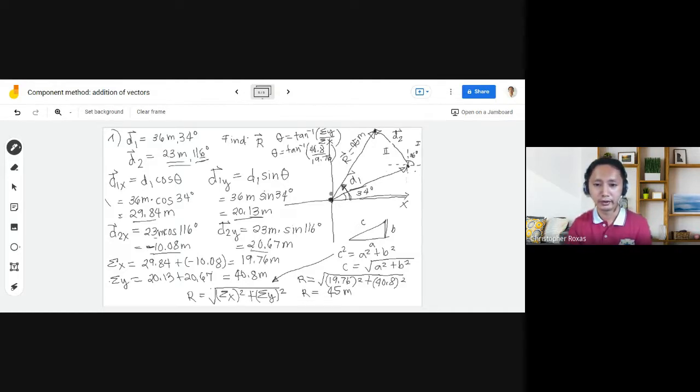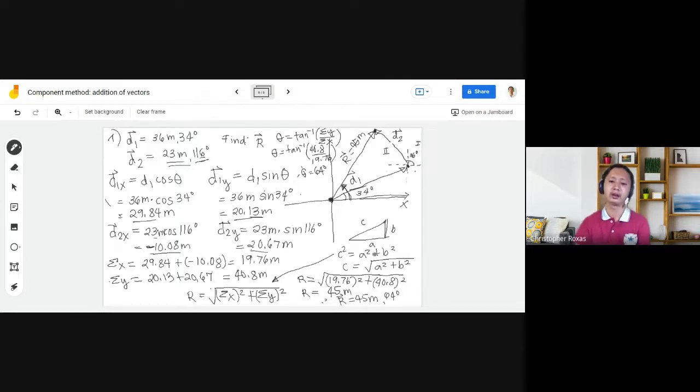So therefore, our angle theta or the angle of the resultant is 64 degrees. So yun, kung nag-graphical method tayo, more or less 64 degrees ang makukuha mo dyan. Okay, now, our final answer will be the resultant is equal to 45 meter, 64 degrees.